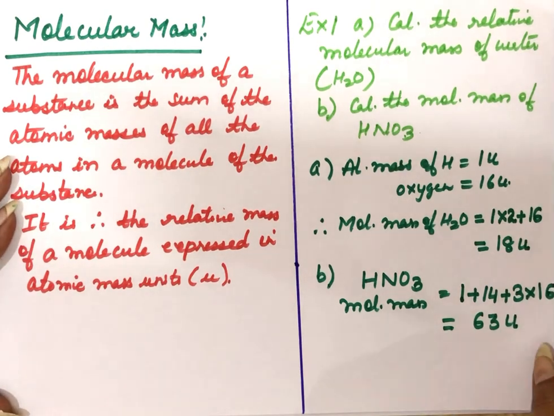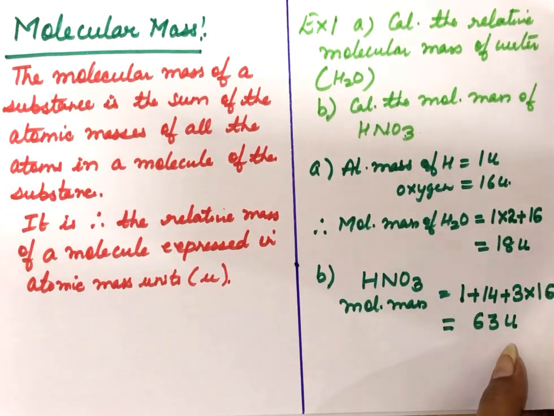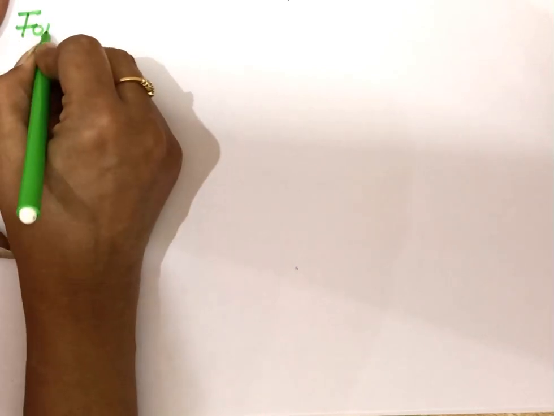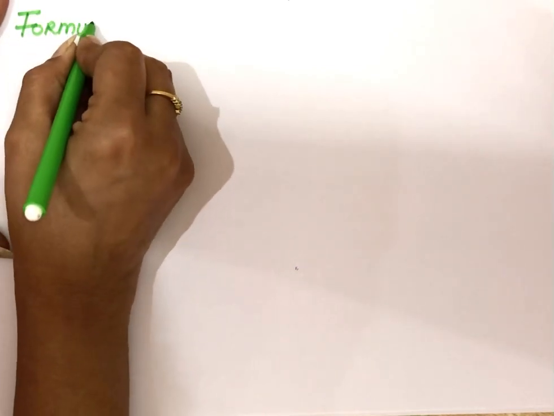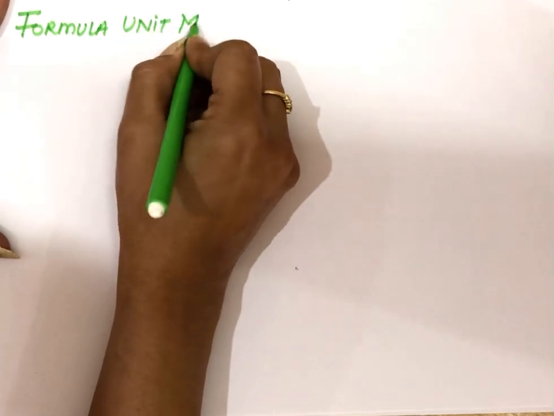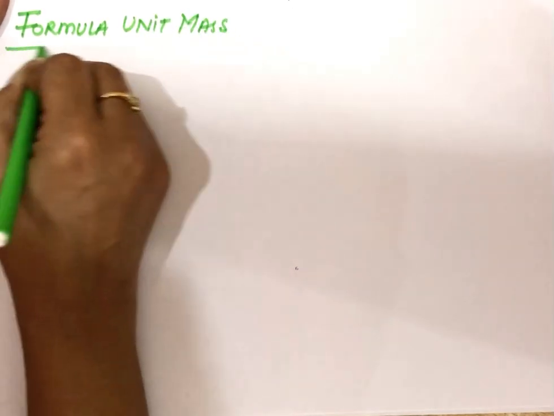After molecular mass, next is formula unit mass. It's just like molecular mass only, but for those compounds which are not existing as molecules, which are existing as ions, we call their molecular mass as formula unit mass. So method will remain the same only.